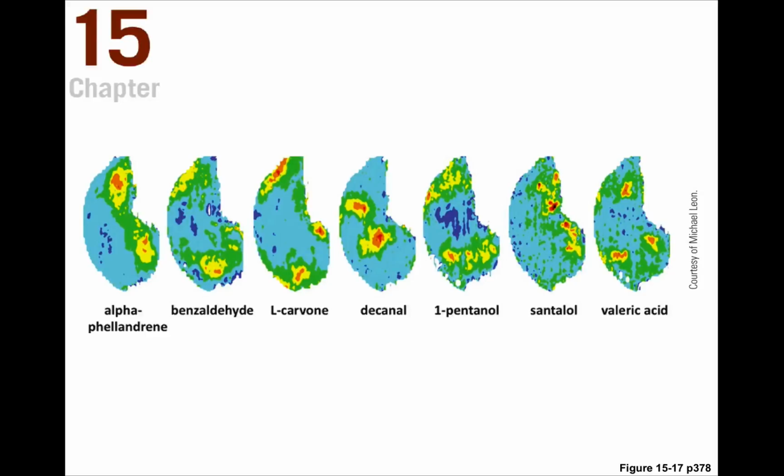We have these different smells going all the way from alpha-phellandrene all the way to valeric acid, and notice that each one of these different compounds produces a distinct pattern of activation in the olfactory bulb, to where if you were to look at one of these, you could tell which chemical the animal was smelling based on the pattern of activation that you see here.